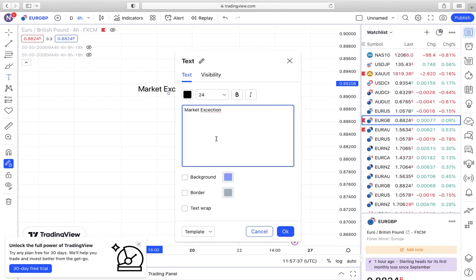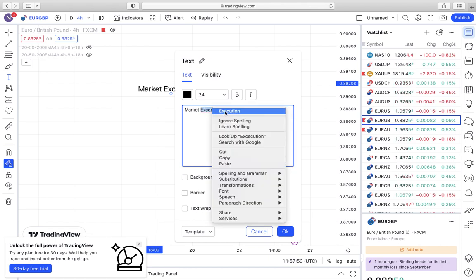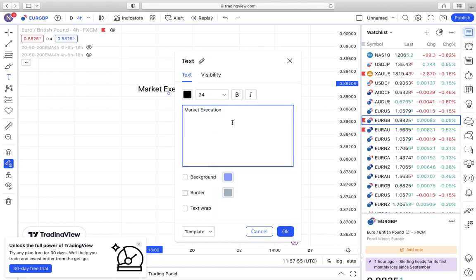Now, when I talk about market execution, I will talk about a trade.